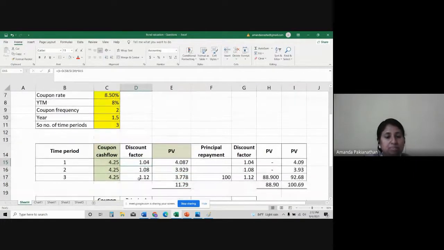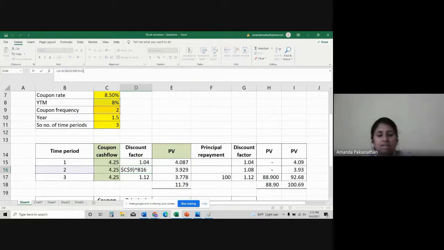In the second period, it's going to be 1 plus 4%, yes, but it is coming in the second coupon period. So when you power it to the value of 2, you will get 1.08. For the third period, you're going to power it by 3.